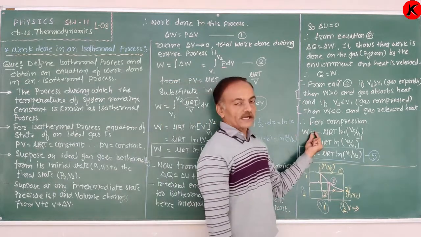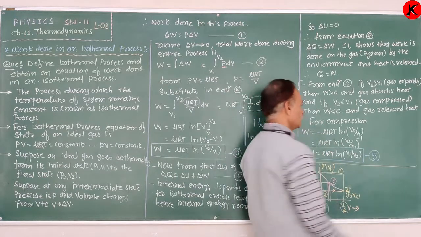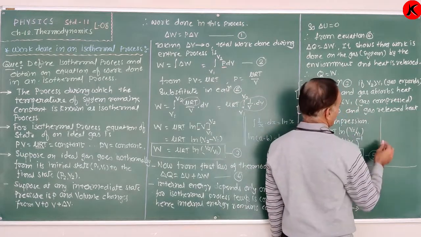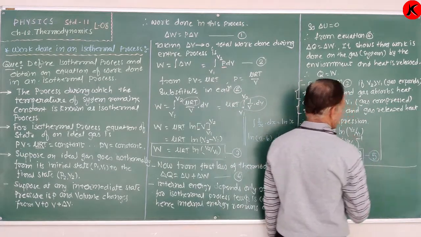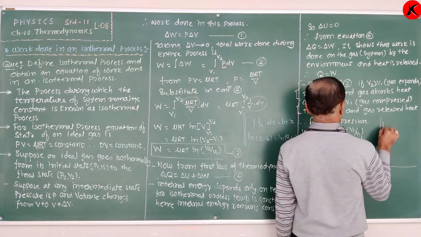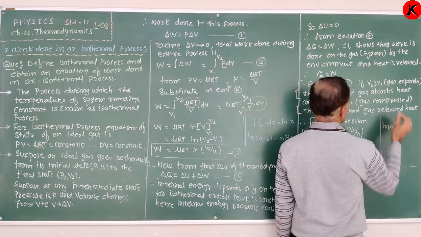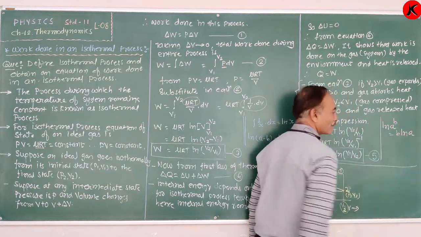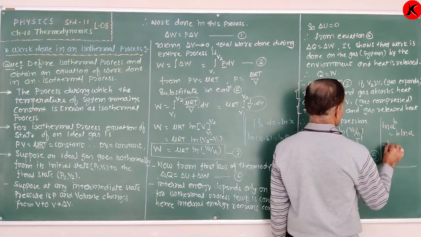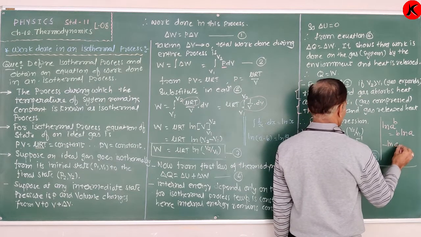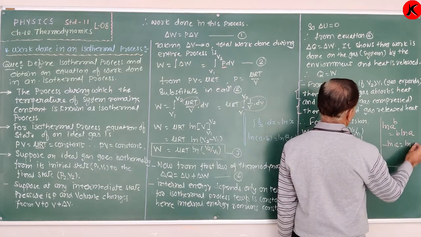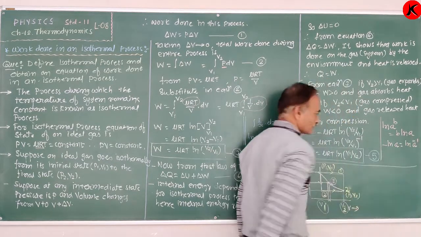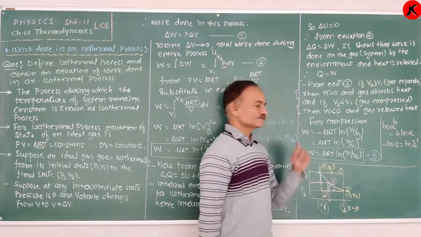Now, according to the law of ln, we can write it this way: ln A to the power B is equal to B ln A. So here minus ln A is equal to ln A to the power minus 1. We are using this concept.